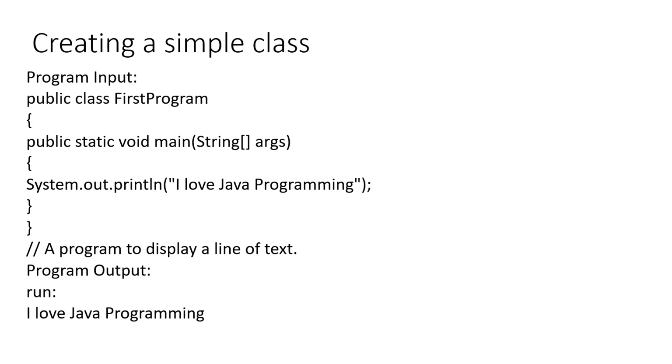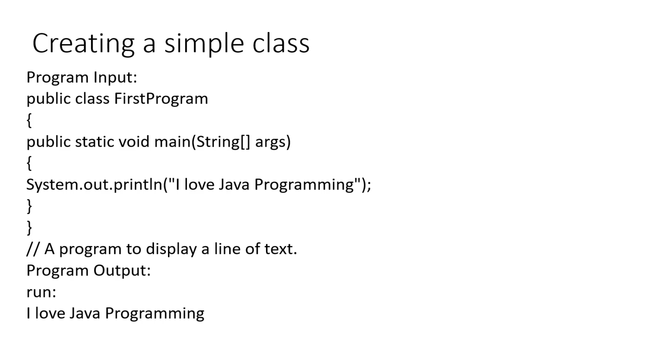Then we have the class name, which here is FirstProgram. The class is an executable class because it has a main method. That's line 2. That main method makes it an executable class.